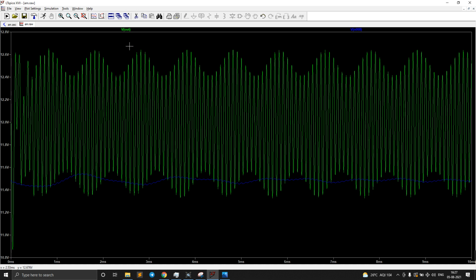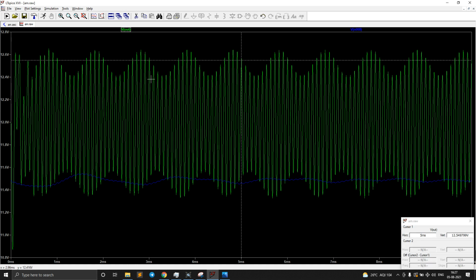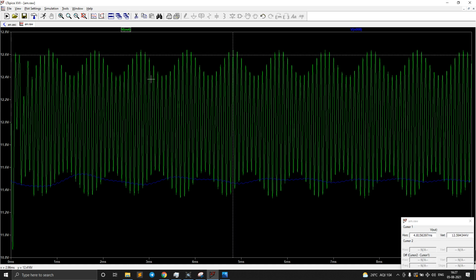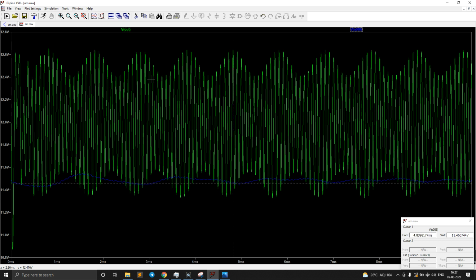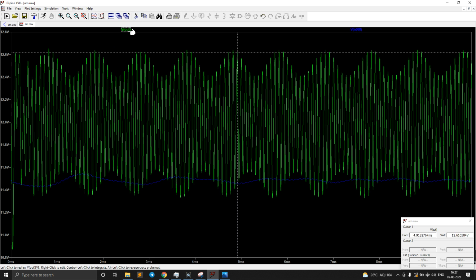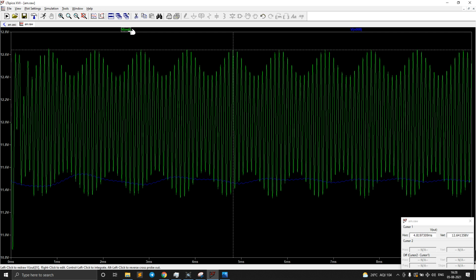Amplitude max in the sense, okay, we just need to select this above one, A max. Not this one, this one. Here we need to go to the maximum peak, and this will be around 12.6413.